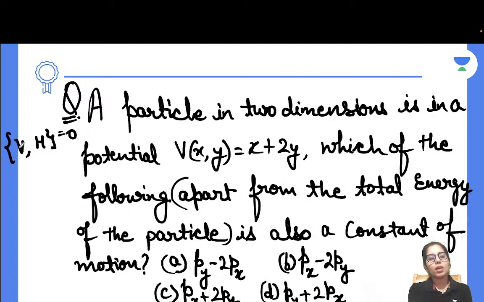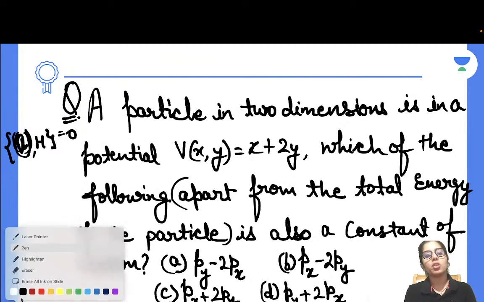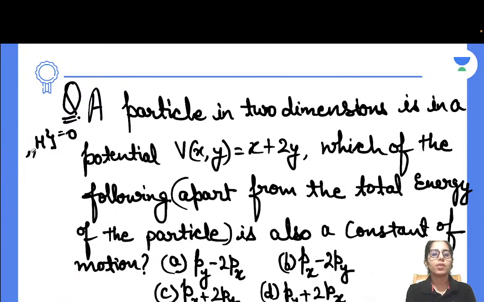If it is a constant of motion, not for V but for the given options, because you want to check the options to see whether they are constants of motion or not. So for the options one by one, we can check their Poisson bracket with the Hamiltonian, and if it is equal to 0, then it's going to be the constant of motion, otherwise no. For the detailed method, you have to check each and every option until there is an option which satisfies this condition.